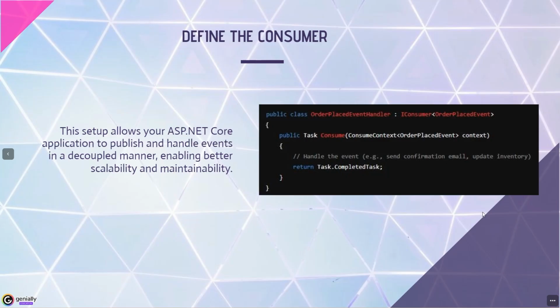So we have the order placed event handler. It inherits the IConsumer interface and it has a Consume method here. So when you call the Consume method, it handles events in a decoupled manner.